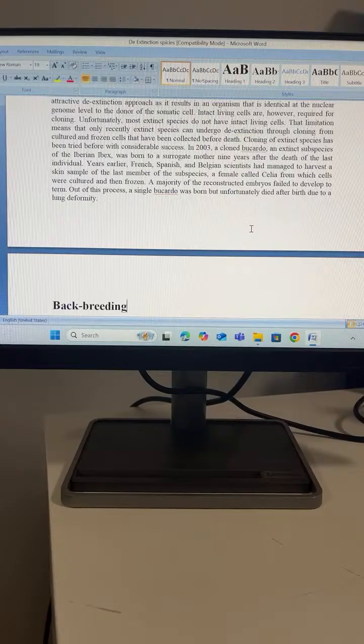Years earlier, French, Spanish, and Belgian scientists had managed to harvest a skin sample of the last member of the subspecies, a female called Celia, from which cells were cultured and then frozen. A majority of the reconstructed embryos failed to develop to term. Out of this process, a single bucardo was born but unfortunately died after birth due to a lung deformity.